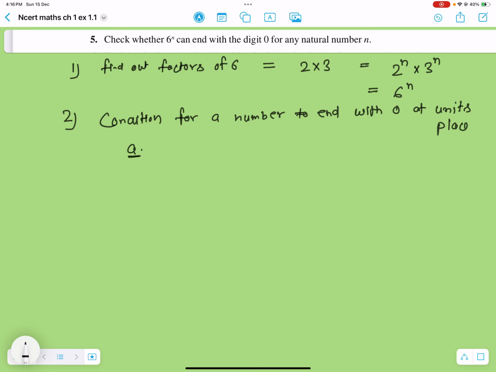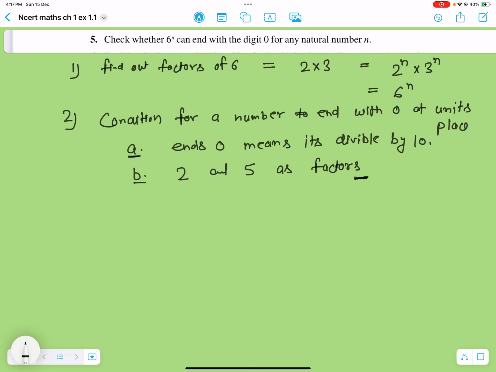First, a number ending with 0 means it's divisible by 10. For a number to be divisible by 10, it must have 2 and 5 as its prime factors. Only then can the number be divisible by 10.